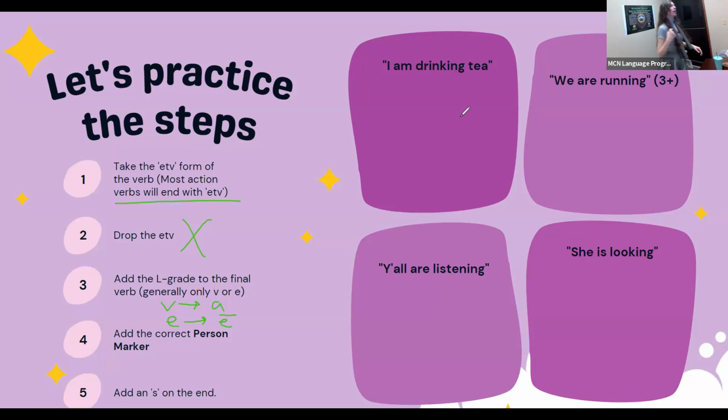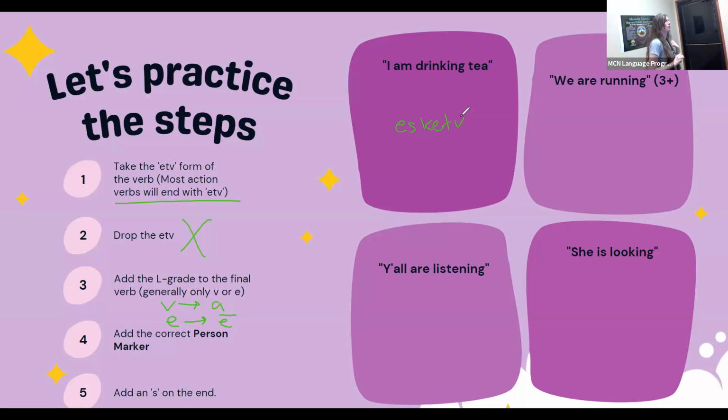Okay, so this first one. I am drinking tea. First thing we're gonna do, what is the verb for to drink? You can either shout it out or you can type it in the chat. What's the verb to drink? Iskida. Yes, iskida. Okay, so what's that first thing we do over there? Or we did the first thing, I guess.